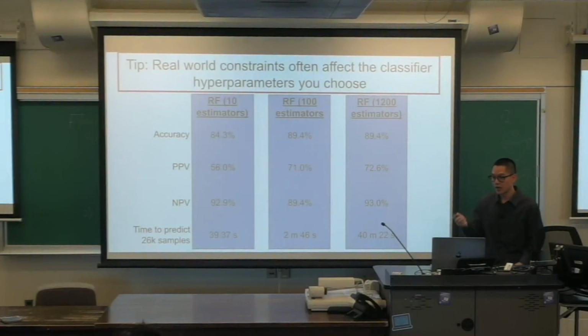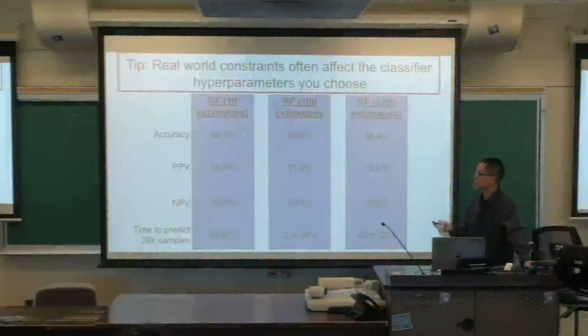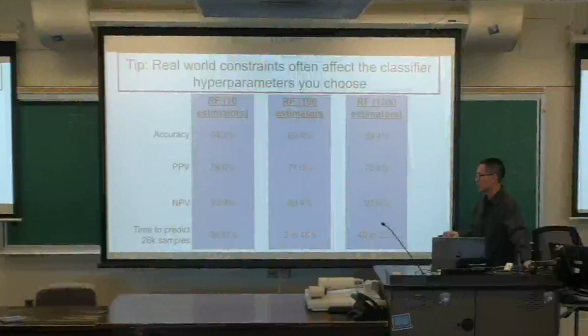We can see that when we go from 10 trees to 100 trees, we gain quite a few percentage points on accuracy. It also takes longer to predict. This is the inference time when we are using the classifier. So it takes longer to predict, but the gain is also what we want.